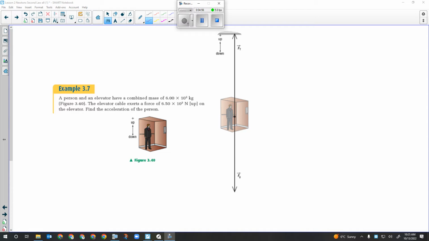So we still want to draw our free body diagram. They've conveniently also drawn us a box here for this particular one, and we know that the combined mass of the person and the elevator is 600 kilograms. They also tell me that the elevator cable is exerting this tension force of 6,500 newtons upwards.